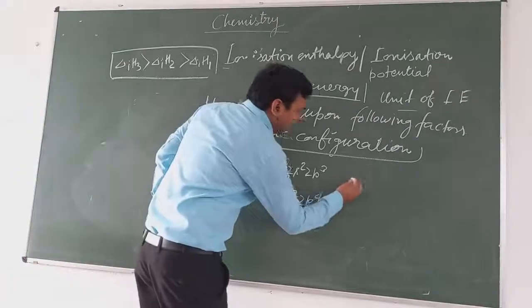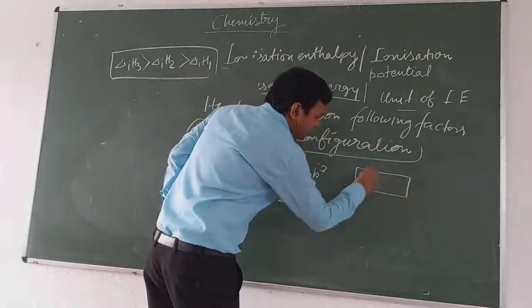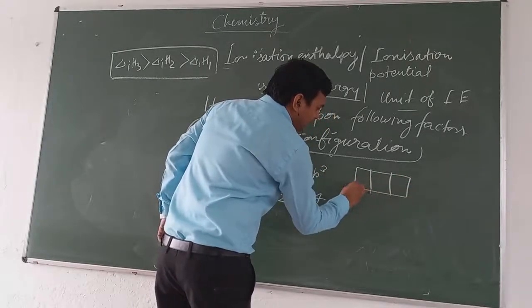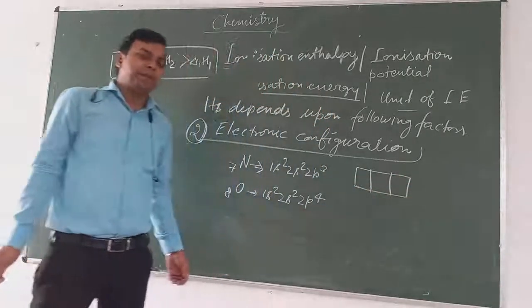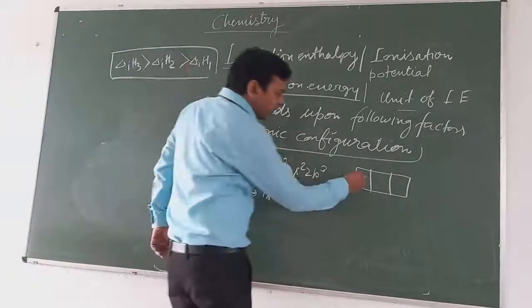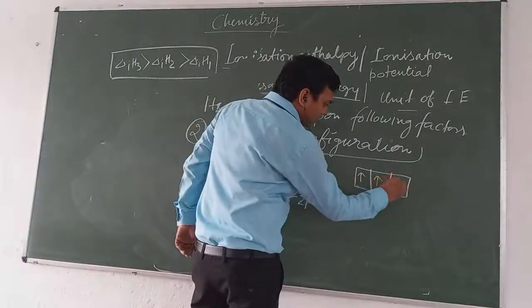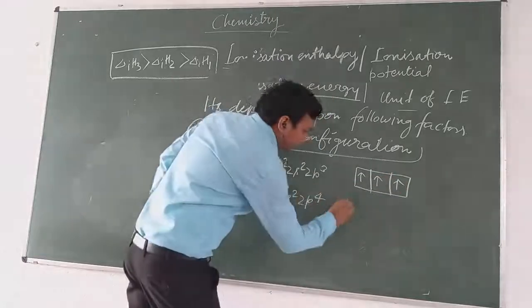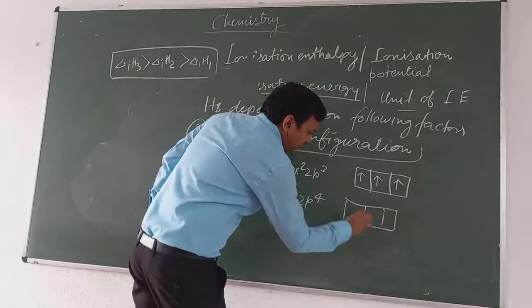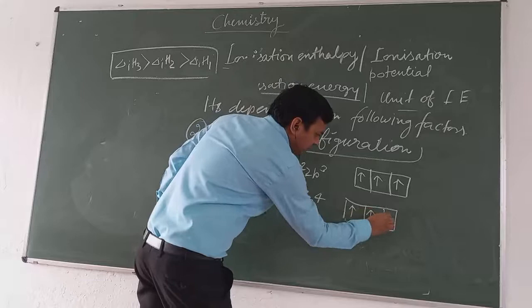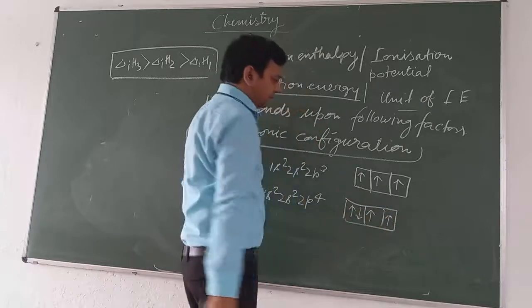In this case, nitrogen contains a half filled p orbital, where the p orbital is made up of px, py and pz. So nitrogen has first, second and third electron, and oxygen has first, second, third and fourth electron.